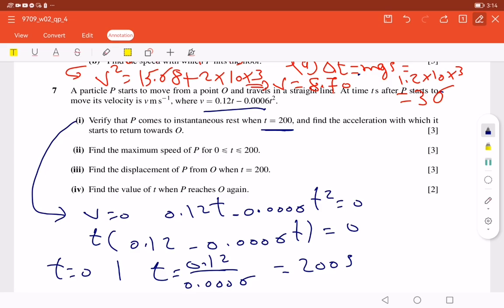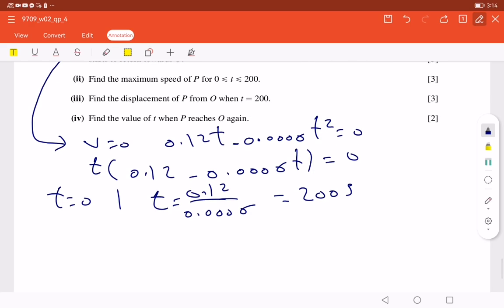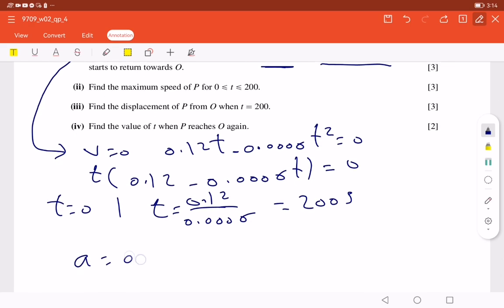Then the second part of this item, find the acceleration. To find the acceleration, differentiate v. So a will be 0.12 minus 0.0012t when you differentiate it.